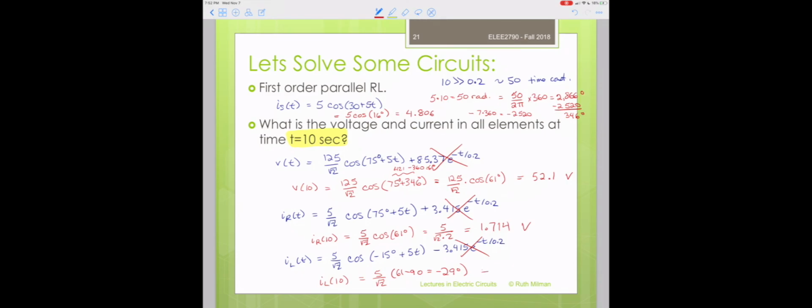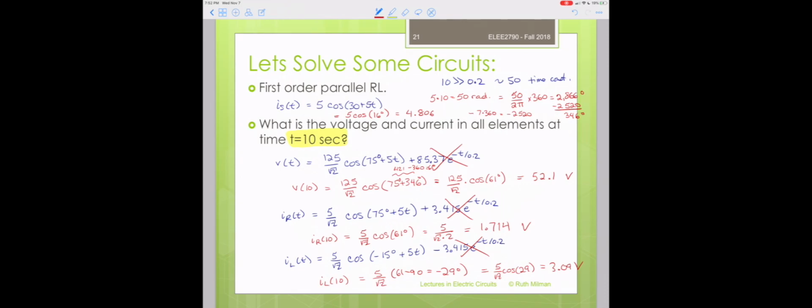If you take that and multiply it out, the cosine of 29 degrees is pretty close to root 3 over 2. So you multiply everything all together. You have 5 over root 2 times the cosine of 29 is equal to 3.09.